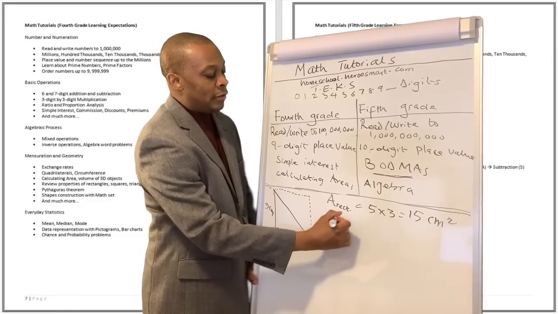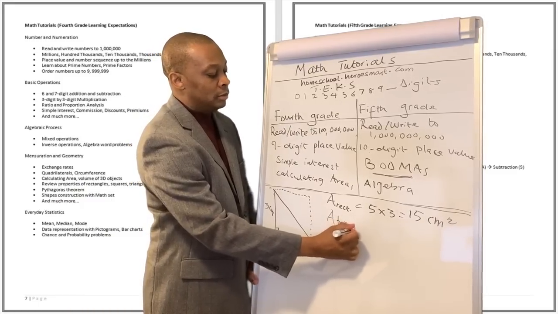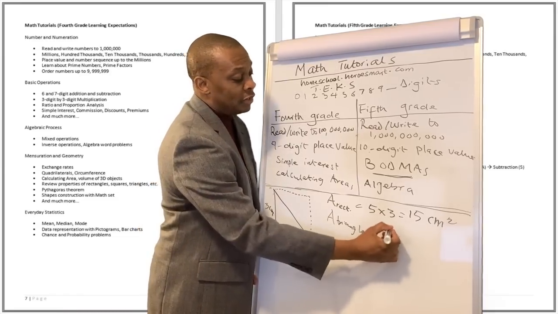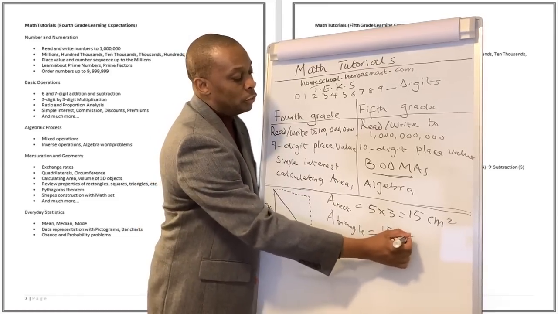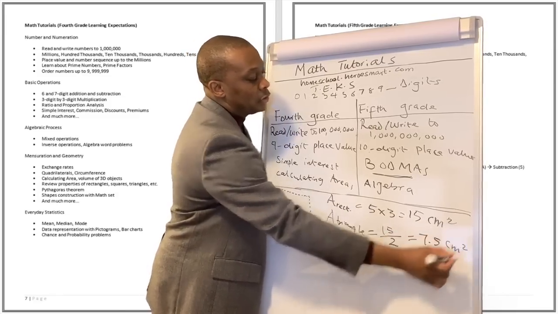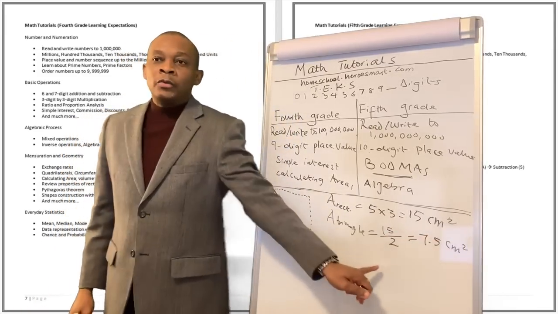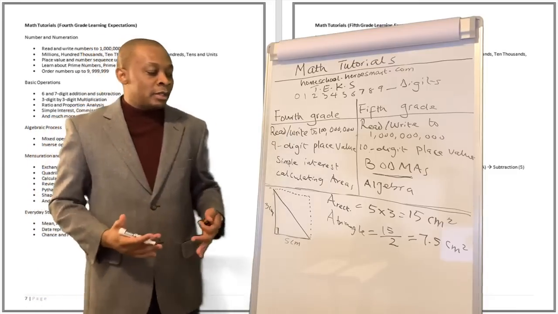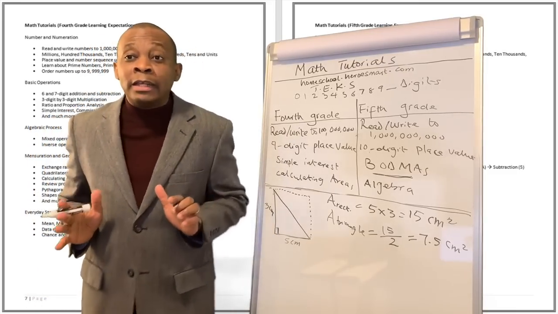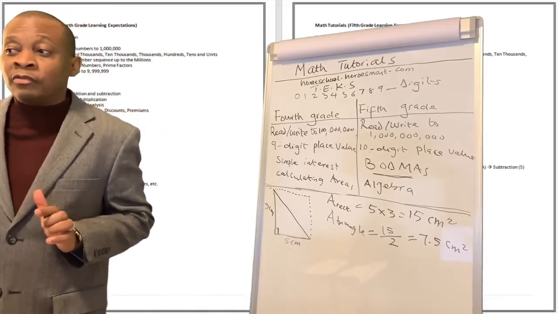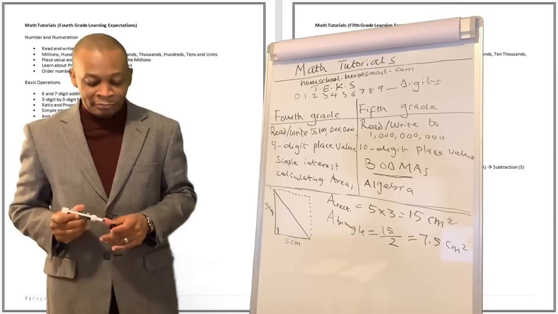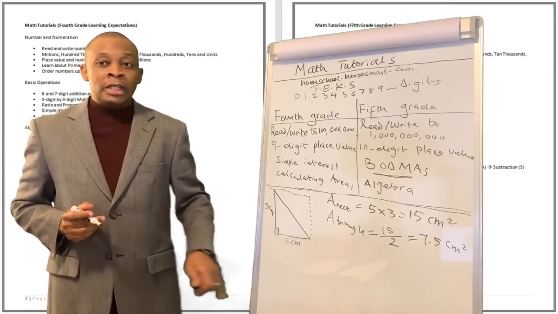The area of the triangle will be equivalent to 15 centimeters squared divided by 2, which is equivalent to 7.5 centimeters squared. So that's one way that we can calculate areas of a right-angled triangle. But it's got to be a right-angled triangle. Okay, so if it's not a right-angled triangle, you cannot use this approach to calculate it.